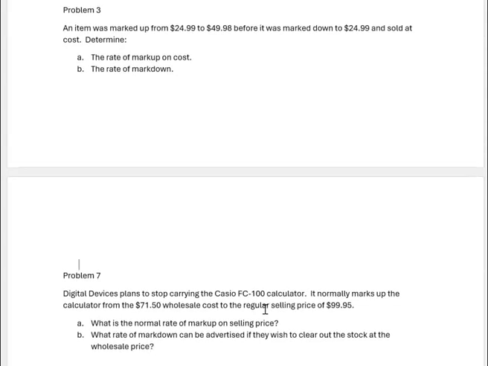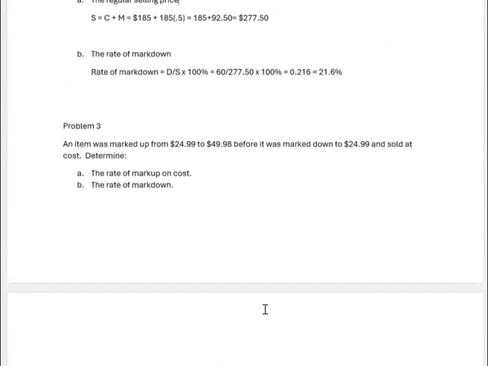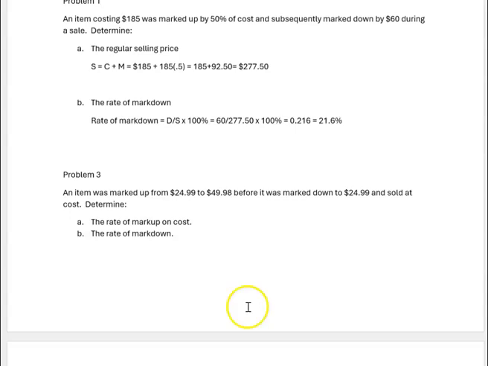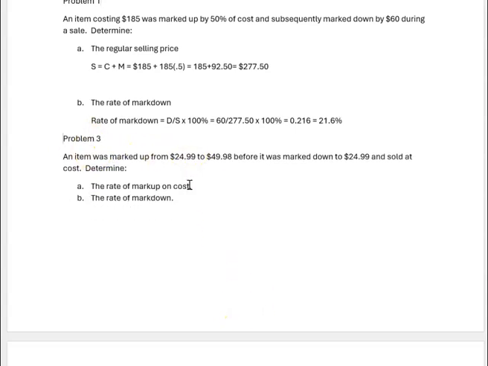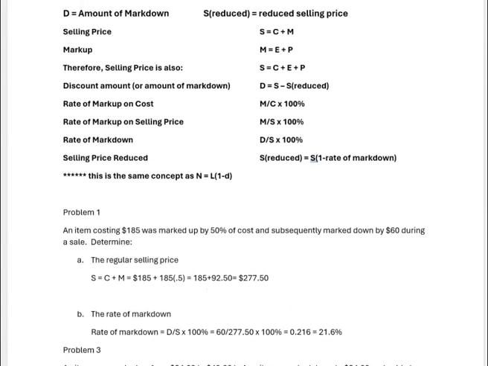So let's try problem 3. Let's have a little bit more room here. Okay. So rate of markup on cost, how do we do that?